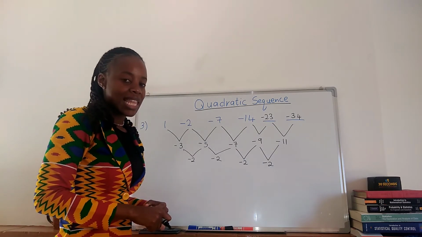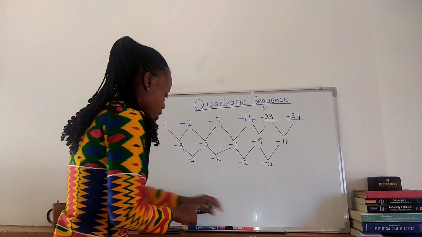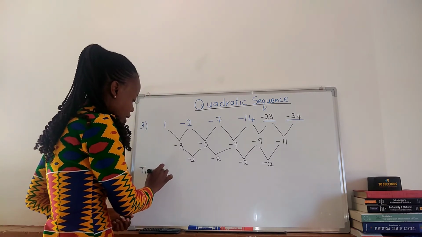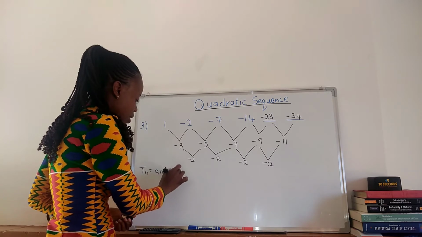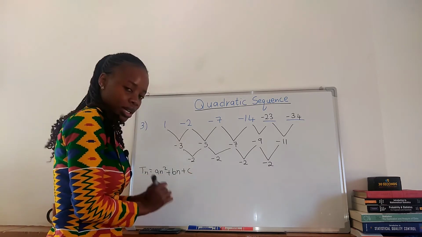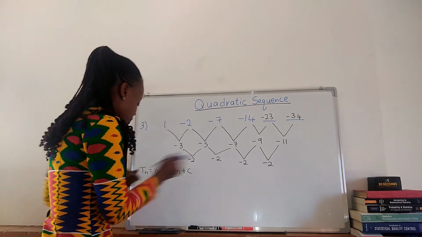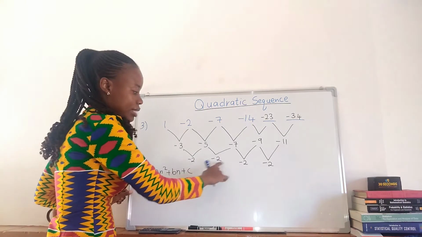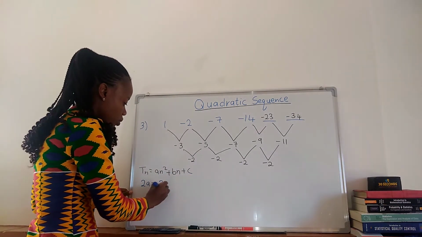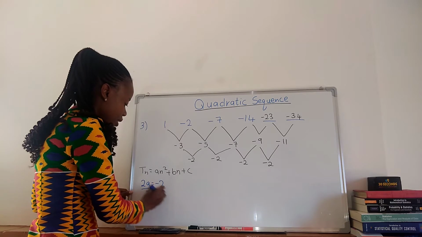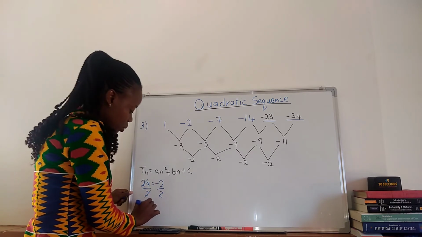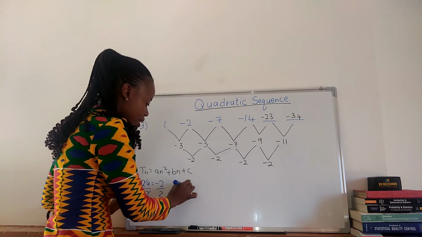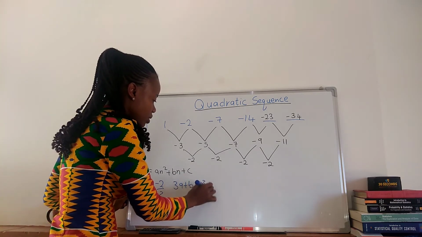Now let's find the nth term expression for number 3. Okay, so we're going to have Tn equals an squared plus bn plus c. Okay, so let's find a. 2a equals the second difference, which is -2. We divide by 2 both sides, and our a is going to be -1. To find b, 3a plus b equals -3.